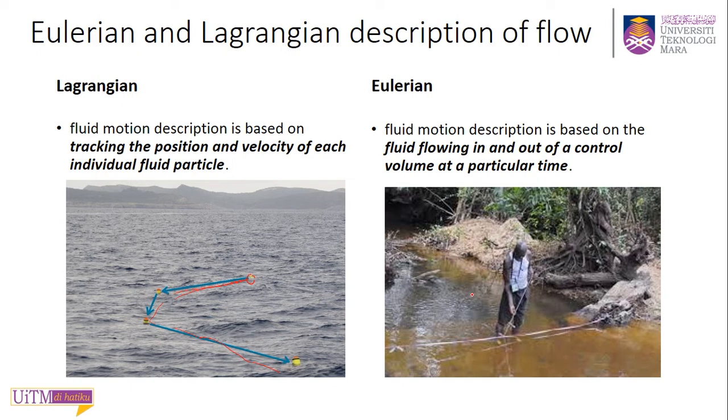So let's say this guy takes some control volume here in this river, and they measure at that defined control volume the fluid velocity, pressure, and so on at a particular time. So that is Eulerian. That's the difference between the Lagrangian and Eulerian approach in order to analyze any fluid flow.